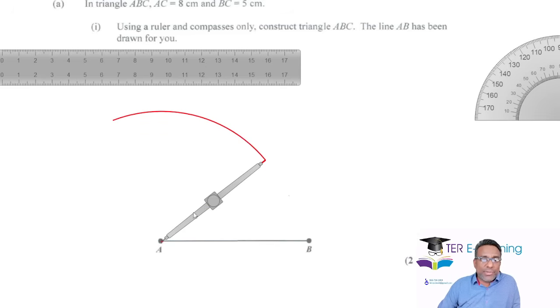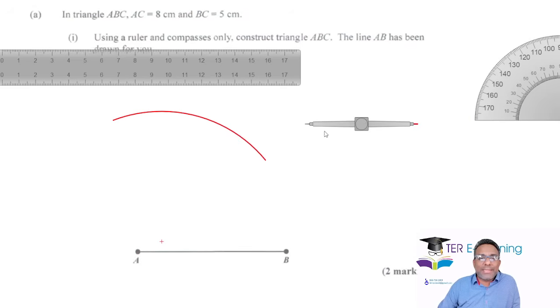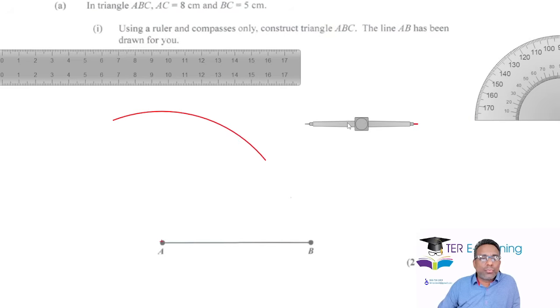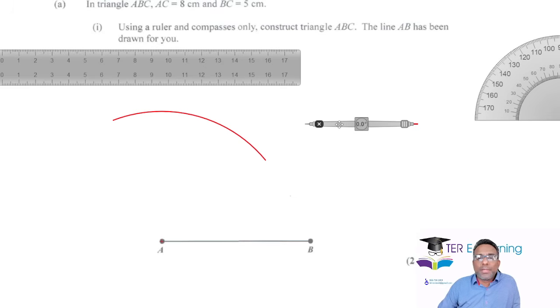The next thing that we're going to do is to draw another arc from the point B. The next length that we're going to work out here is 5 centimeters. So you're going to open your compass so that it is at a length of 5 cm.